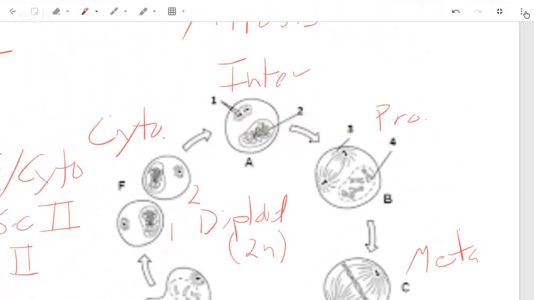Look at the numbers really quick. 1 could be the spindle. That could be the centromeres. Or no, excuse me, the centrioles, my bad. Those are the structures that make the spindle. So 3 is going to be the spindle.